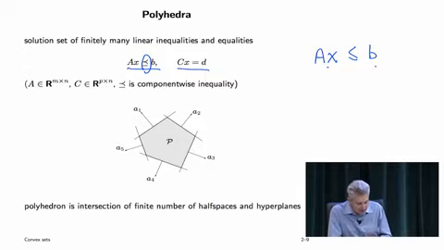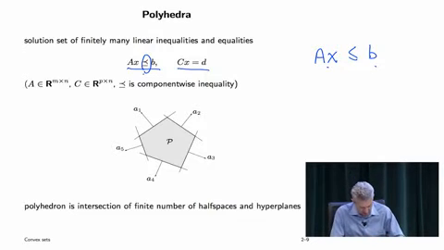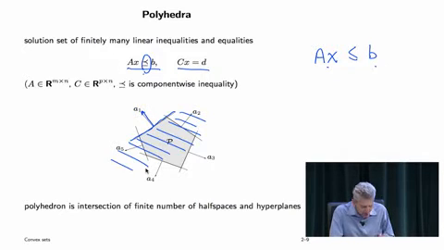Okay, and that means that every entry of this vector is less than the corresponding entry of that vector. And of course, what that means is each row of Ax less than or equal to b defines a single hyperplane, and so it would look like this. Here's a1. Here's the boundary of it, and so the first row of this is all points over here. That's that half space.